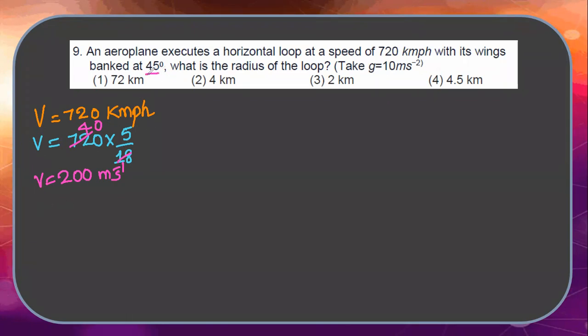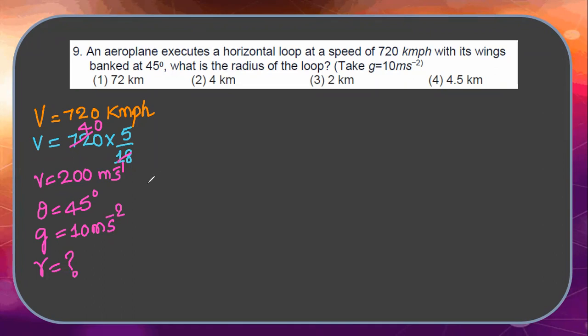They have given angle. The banking angle is given. What is the banking angle? Theta is equal to 45 degrees. What is the radius of the loop? If the acceleration due to gravity is 10 meters per second square, what is the radius of the loop they have asked?